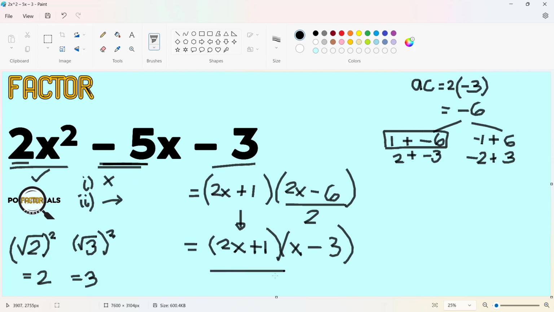These are now the final factors of 2x squared minus 5x minus 3. Because we have not satisfied the condition of a perfect square trinomial, we use the AC method, and we use this technique that I have mentioned a while ago. This returns to the original polynomial when these two binomial expressions are multiplied with each other.